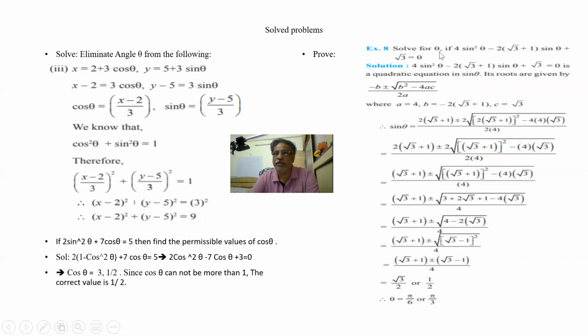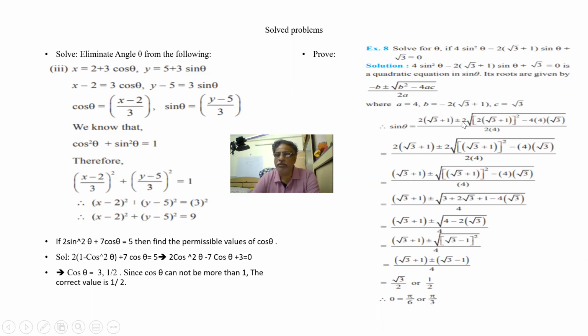Now solve for theta. If 4 sin square theta minus 2 into root 3 plus 1 sin theta plus root 3 is equal to 0, this we have to solve. So this is a quadratic in sin theta. Let sin theta be x. So 4x square minus something into x plus constant is equal to 0.